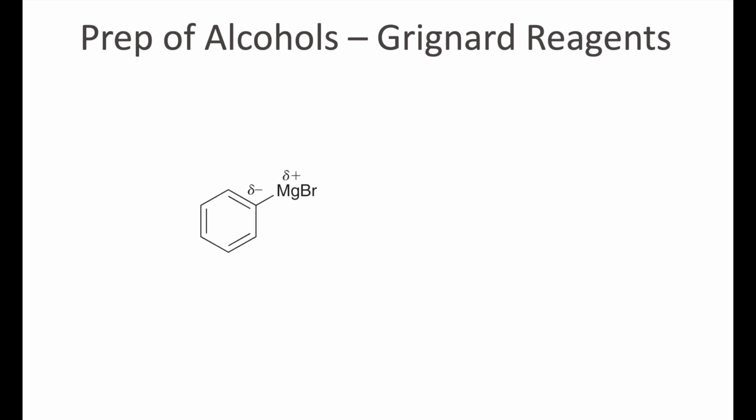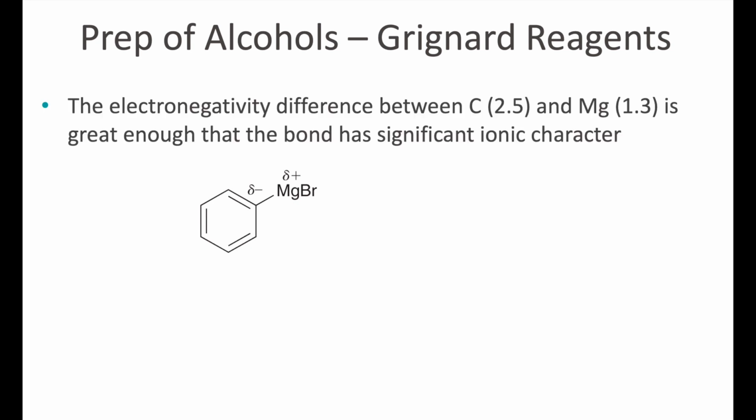The Grignard reagent is special because of the bond between the carbon and the magnesium. Remember that magnesium is a metal in group 2A, so it's not very electronegative at all. Even carbon is more electronegative than magnesium. Because of this, the carbon atom withdraws electron density towards itself. In fact, the electronegativity difference is so large that you can consider this bond to be ionic.